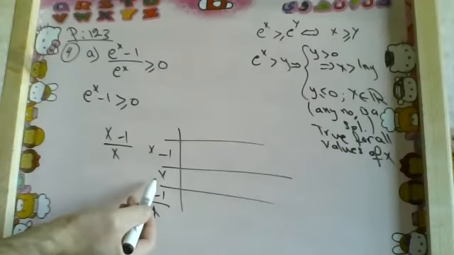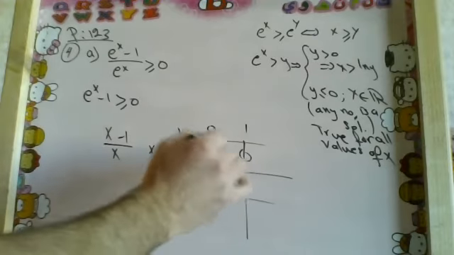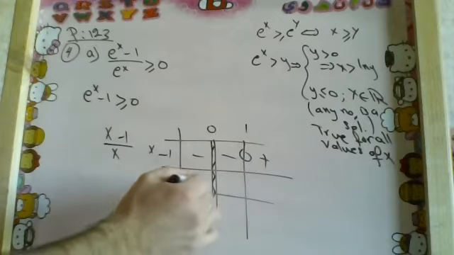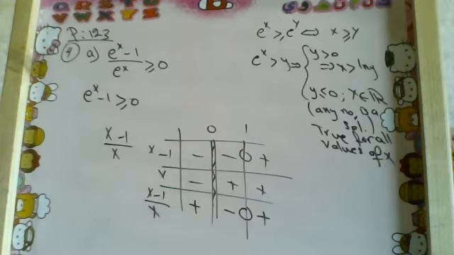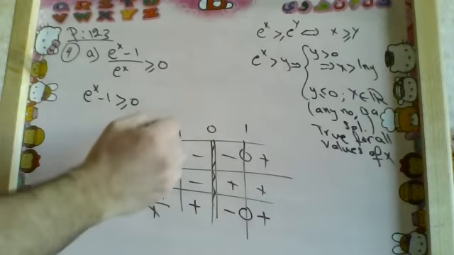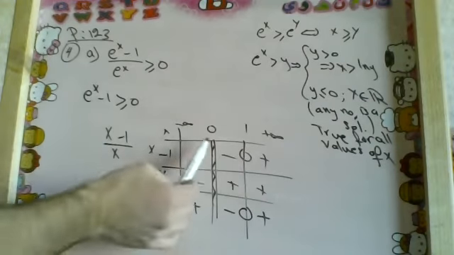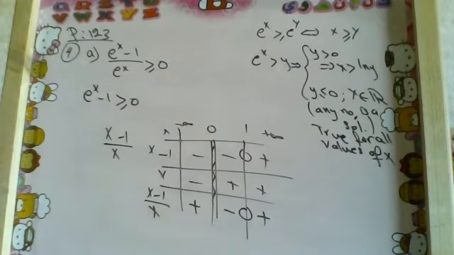The root here is 1, the root here is 0. You get positive, negative, 0, positive. I can say that this expression is positive if x is between minus infinity and 0, or if x is greater than 1.